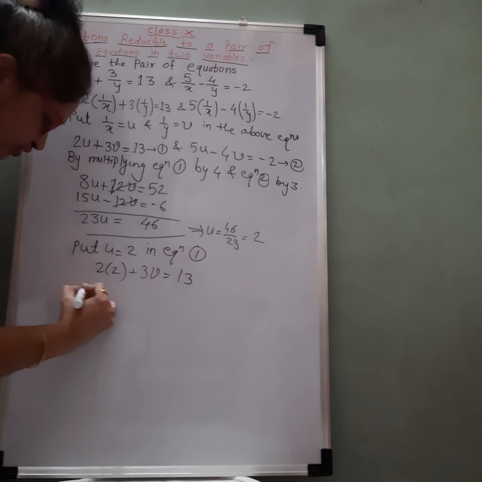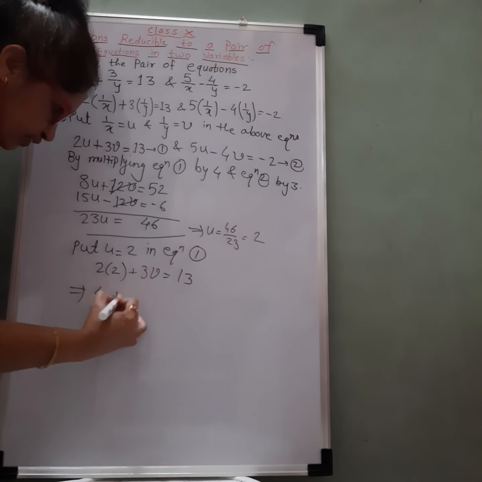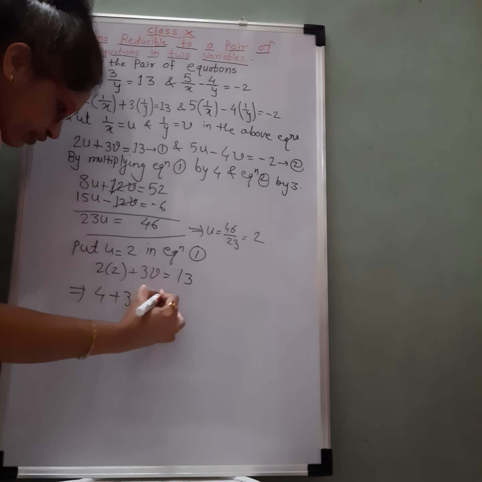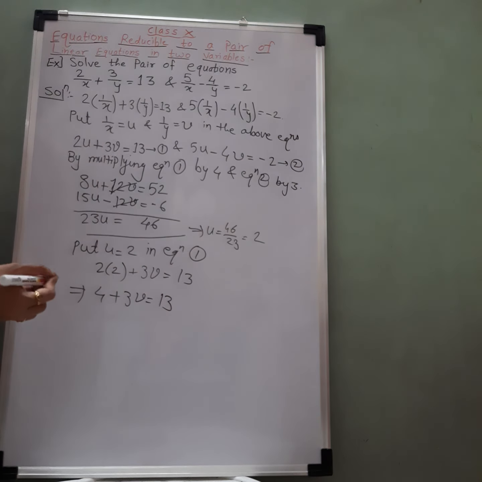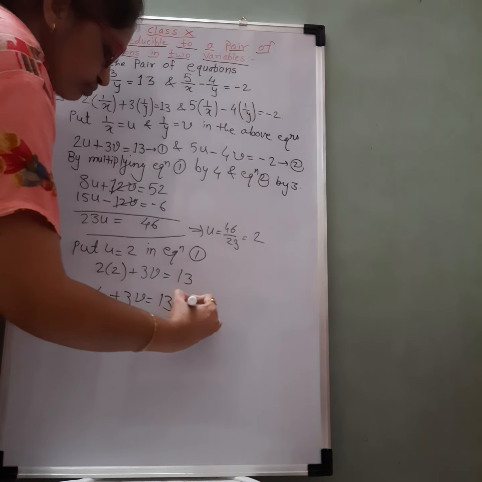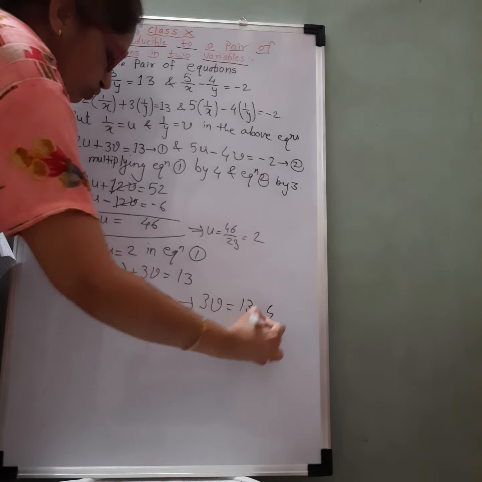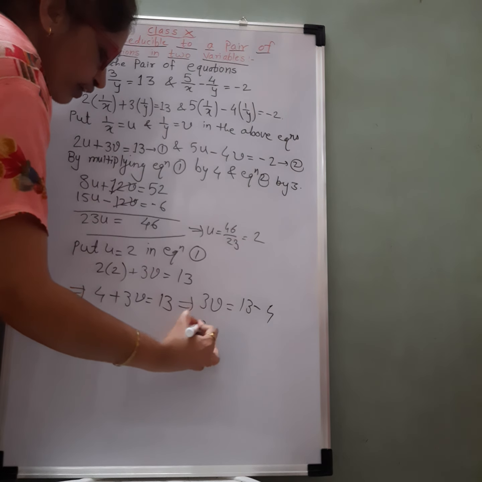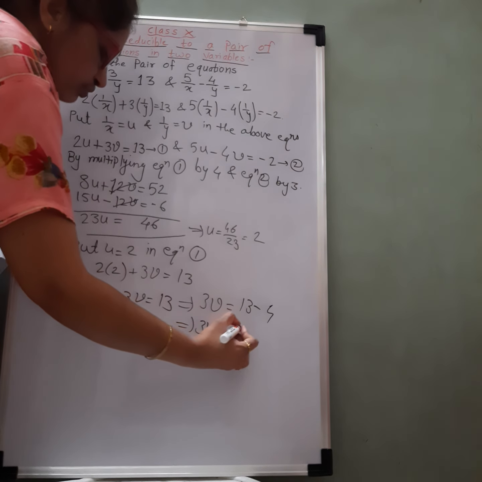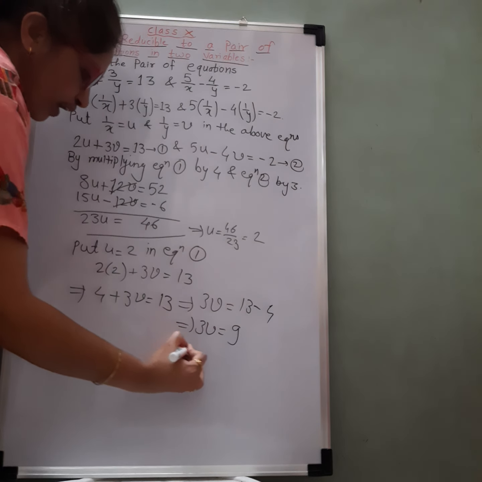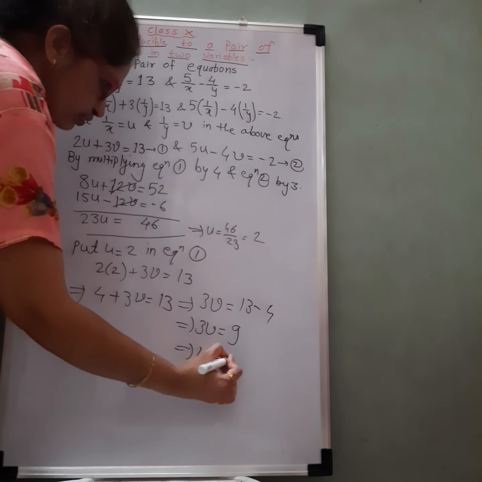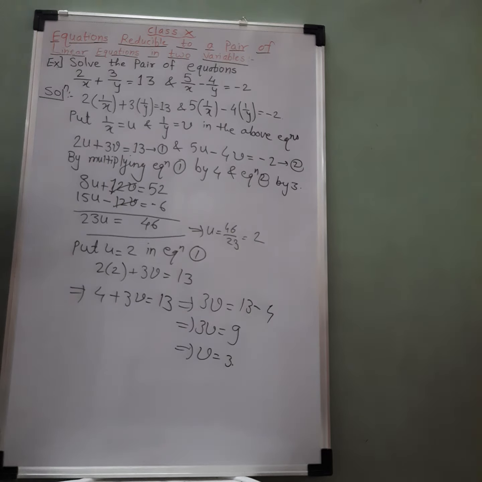This implies 4 plus 3v is equal to 13. This implies 3v is equal to 13 minus 4, so 3v is equal to 9. This implies v is equal to 3.